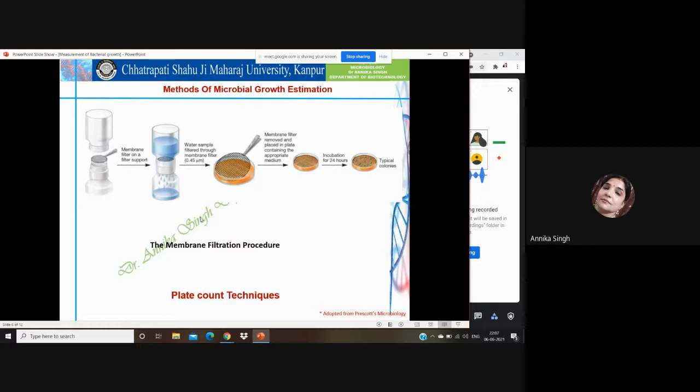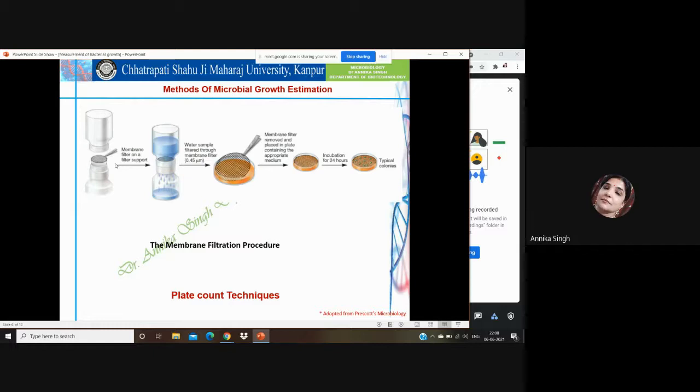This membrane filter has a pore size of 0.45 micron, and the environmental sample, which could be in liquid form, is passed through the membrane filter on a filter support.